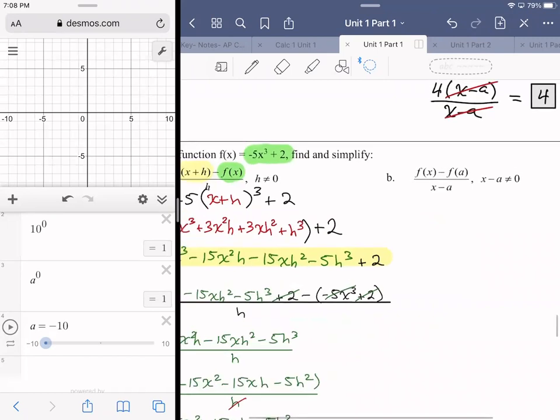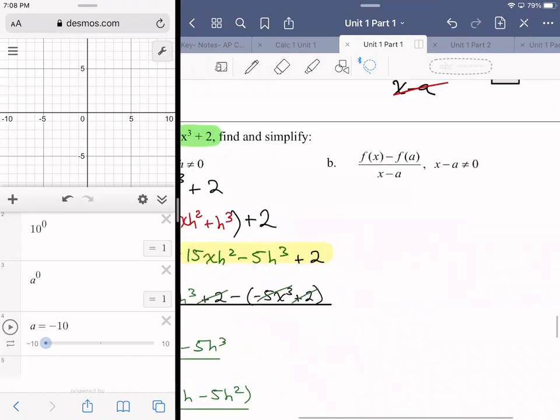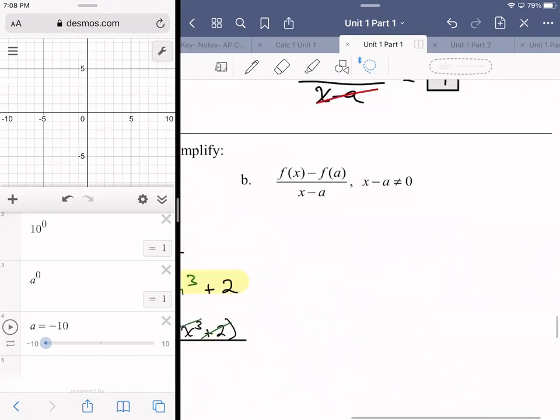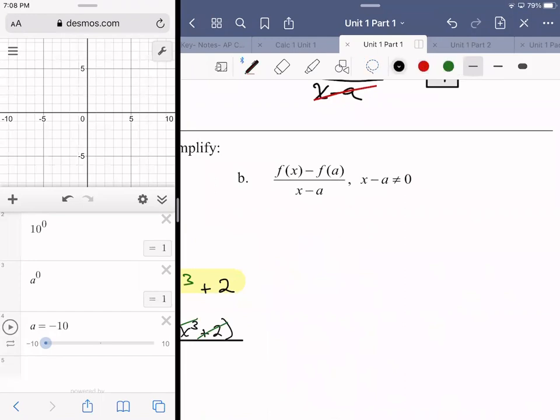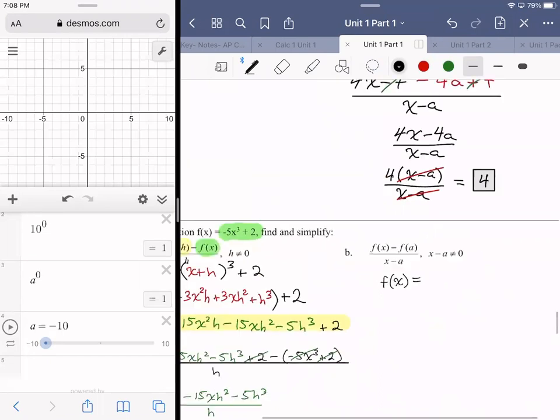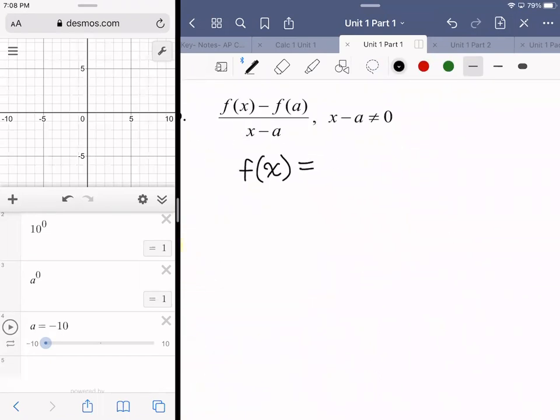So f of x minus f of a over x minus a. Negative 5x cubed plus 2. That was what was given to us. So we have that already. We have it and we need it. So we're good to go there. We need f of a.